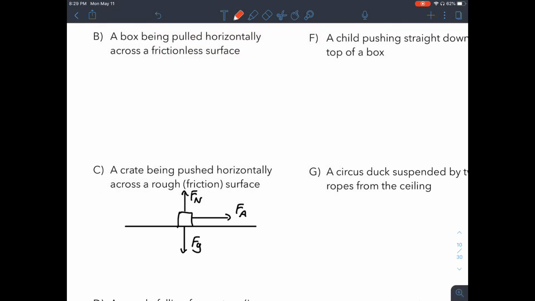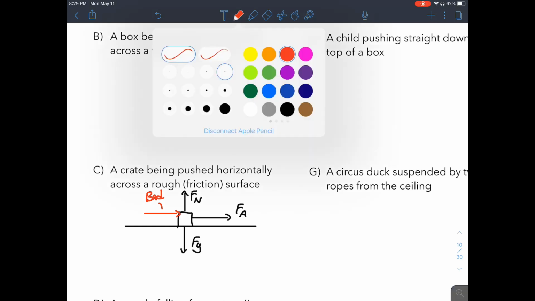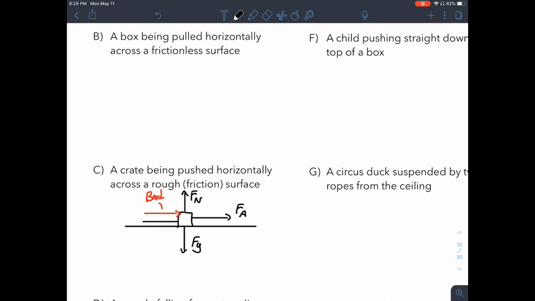You might be tempted to put a force like this, but you never want your arrows going towards the box. You always want that arrow going away from the box. Don't have it like that, because you see it on the left and you might think it's a negative, but it's not.